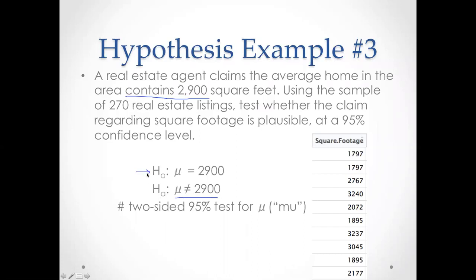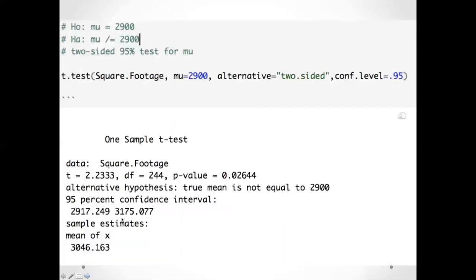Update our null hypothesis to state mu equals 2,900. And for our coding in R, we will want to update or express our second argument, mu equals 2,900.